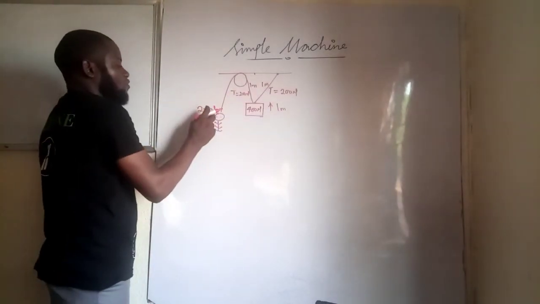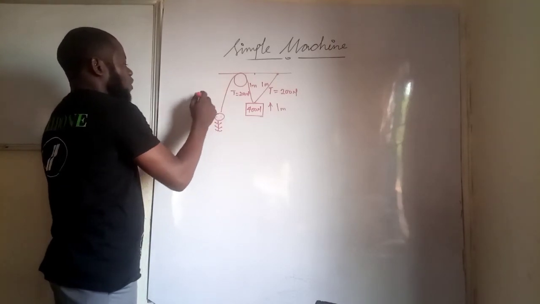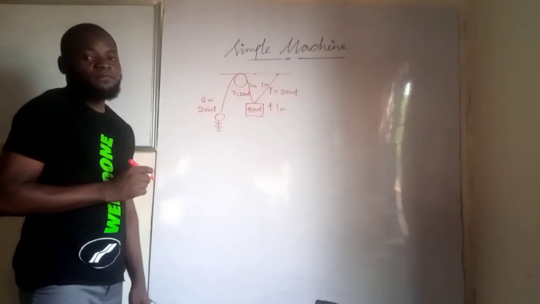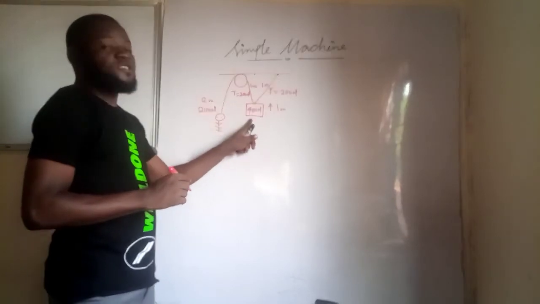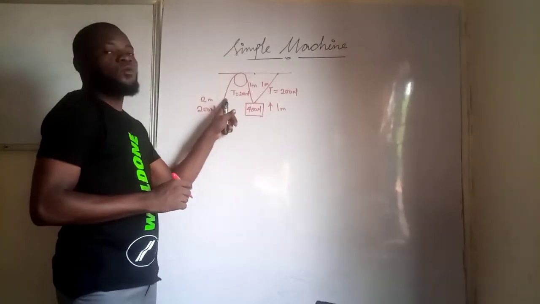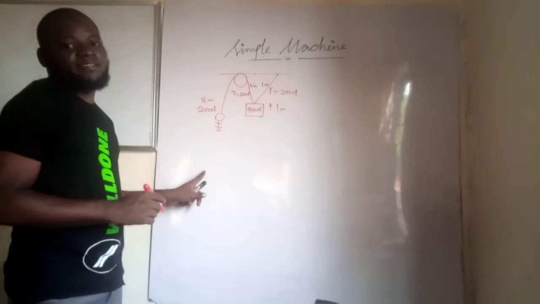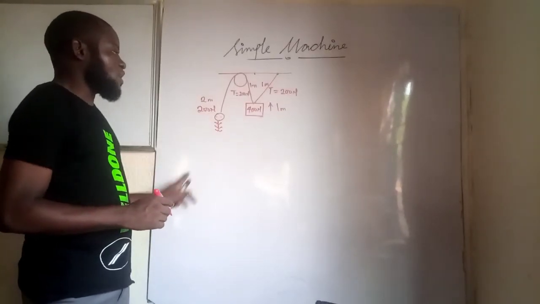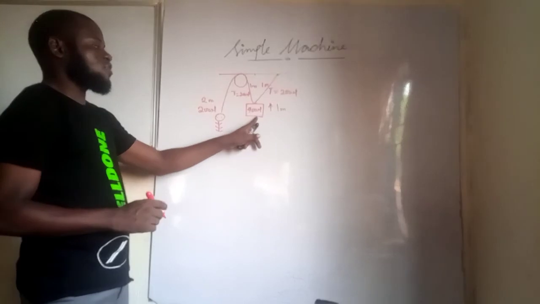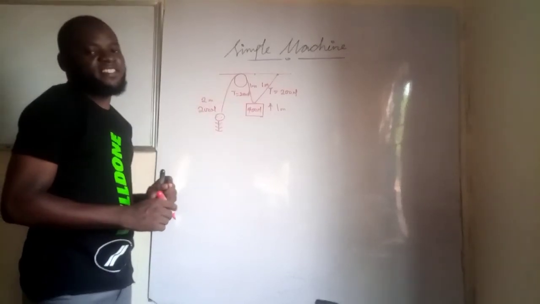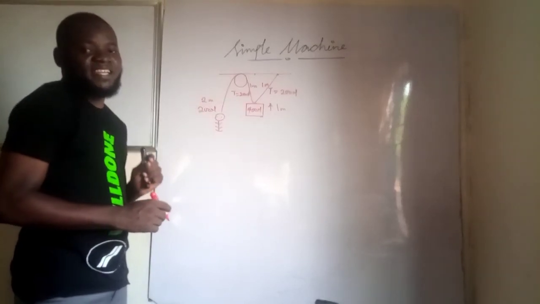And that results in the length of this rope being longer by 2 meters. It shows that to make use of a pulley, you have to drag the rope a far distance. So when you draw it to a length of 2 meters, the load is going to rise by 1 meter. Do you understand that now?